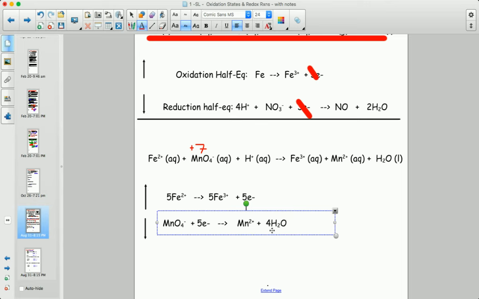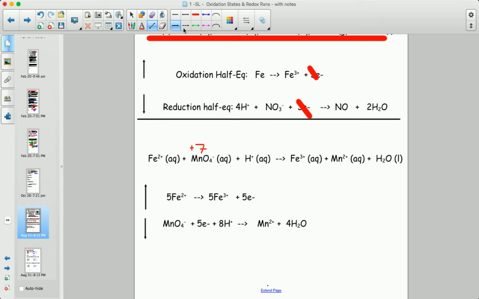Now I do H's. There's now 8 hydrogens on that side, so I've got to have 8 hydrogens on this side. For every hydrogen I need, I simply add an H+ ion, and now the equation is balanced for Mn, it's balanced for hydrogen, and it's balanced for oxygen. And now we're done. I've got the oxidation half equation up top, and I've got the reduction half equation on the bottom.